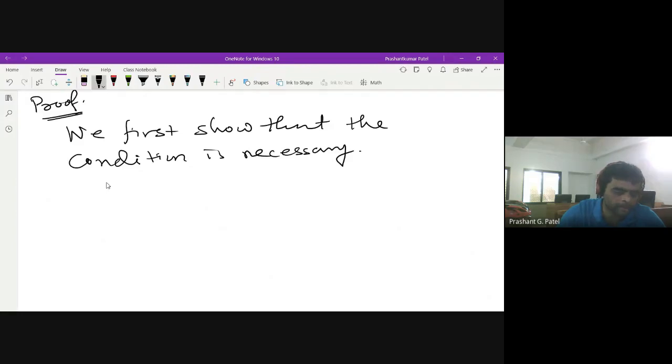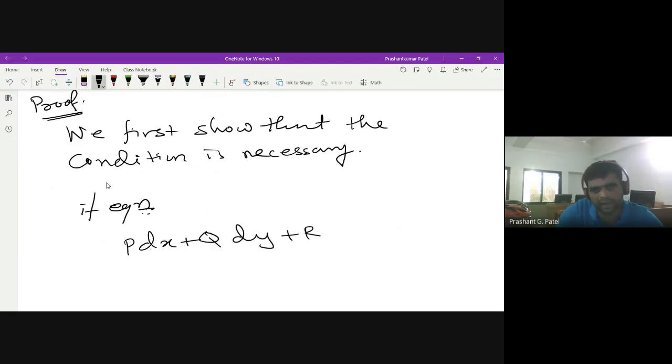Okay, so if the equation P dx plus Q dy plus R dz equal to 0 is integrable, then there exists an integrating factor.